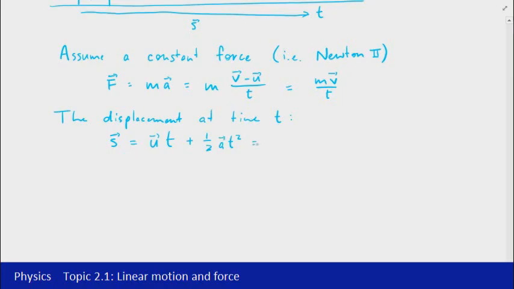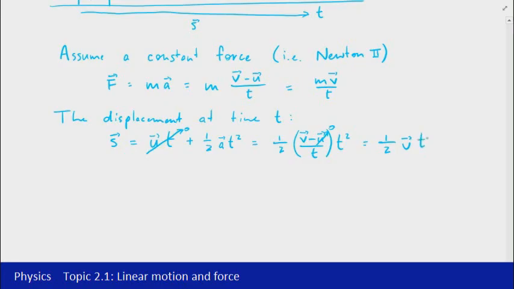We again identify that u is equal to 0, so this first term goes to 0 and disappears. That leaves us with a half, and again we write (v minus u) on t, and that's all multiplied by t squared. Again, u being equal to 0 means that this term disappears. That leaves us with v on t multiplied by t squared, and so we end up with half vt.